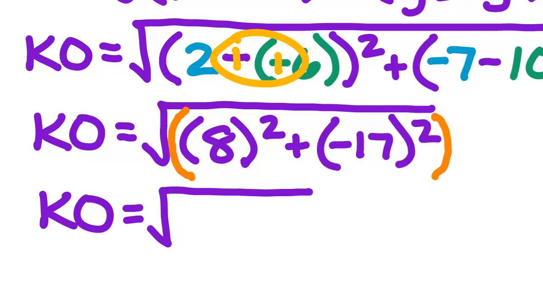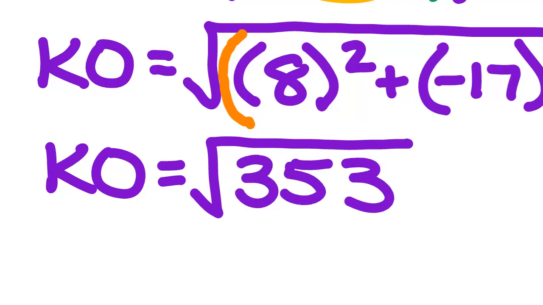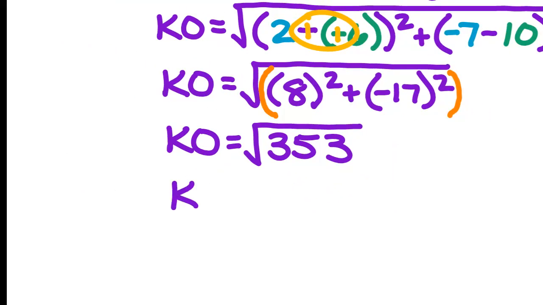When you guys pop this into your calculator, before you turn it into decimal form, what's underneath the radical? How much? 353. And then you change it into its decimal form by hitting which button on the calculator? The arrows right above the enter key.